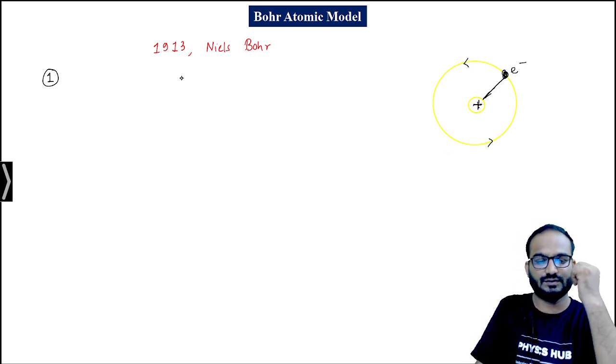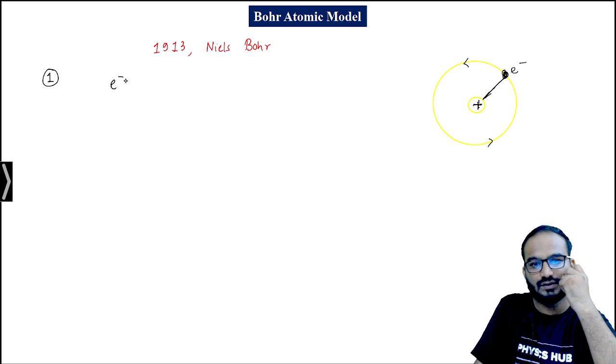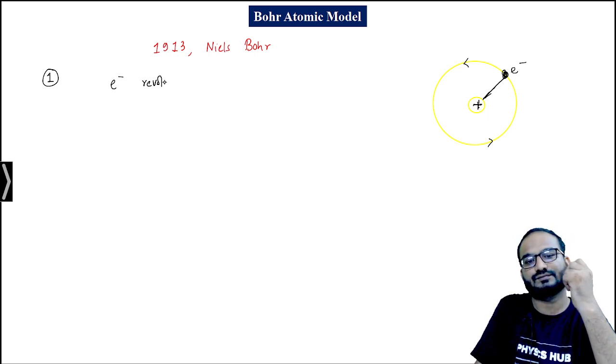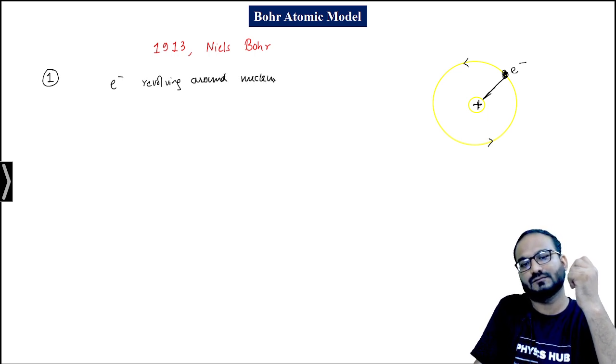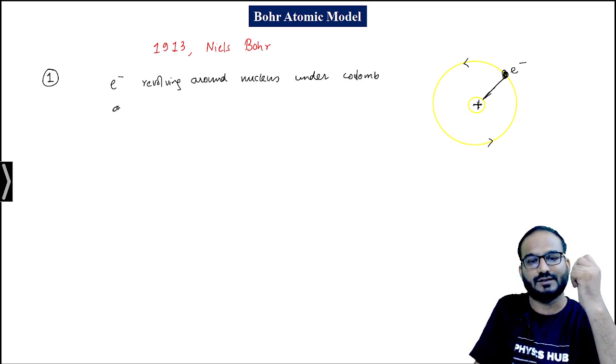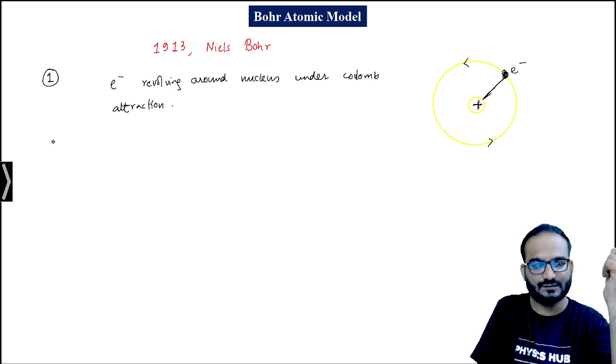So this was the first postulate, electron revolving around nucleus under Coulomb attraction.